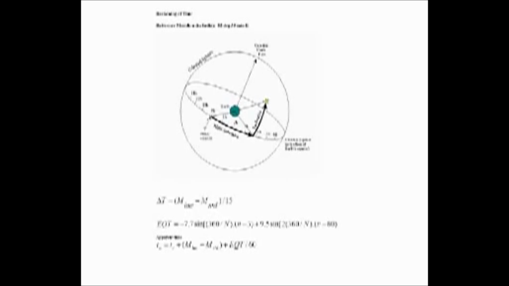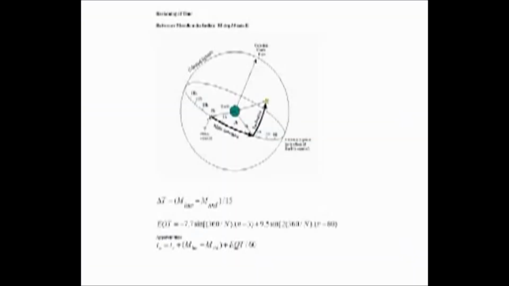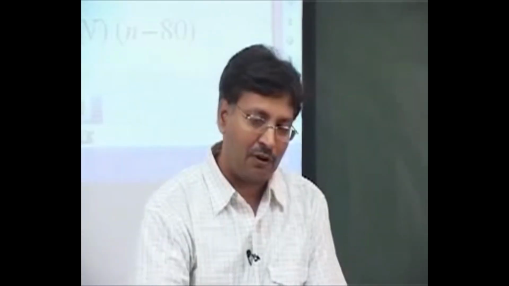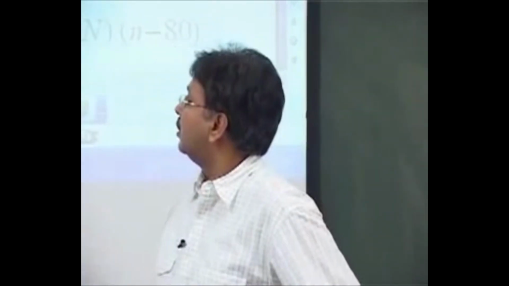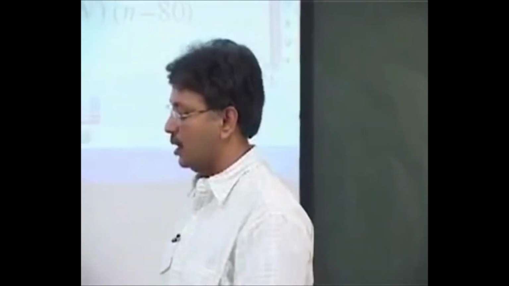So the other correction which I must do is based on the equation of time, and that is what you see here, equation of time EQT. I'll pass on all the information to you, don't worry about that. We will also explain what these are. So you see the two corrections that I must do in my time.